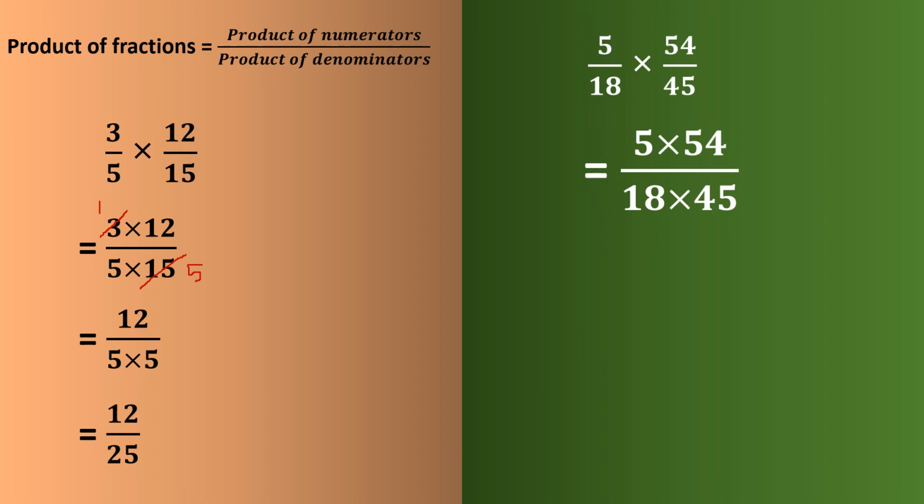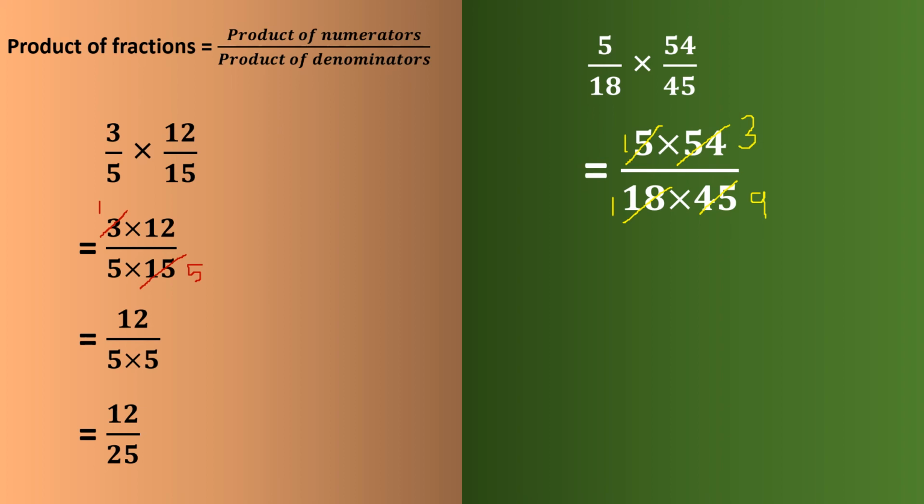So how we can do that? Just see, 5 ones are 5 and 5 nines are 45. And here 18 ones are 18 and 18 threes are 54.